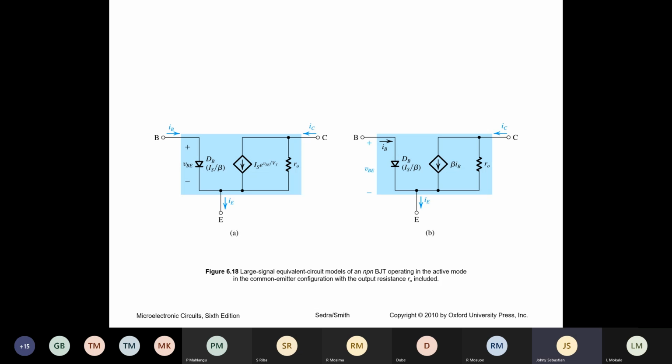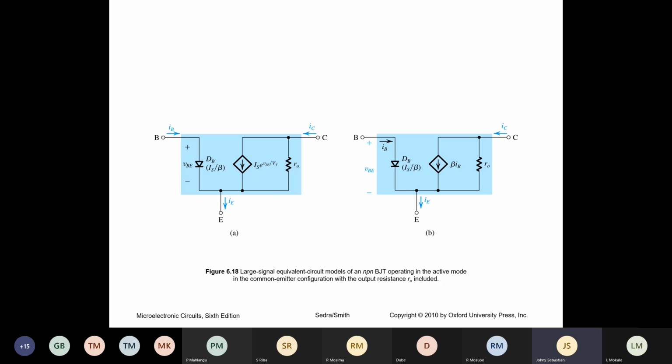Look at the BJT, base, emitter, collector. In this case, you include that r0, small r, small 0, r naught, which is the same as VA divided by IC. You include this. That is the only effect of early effect.